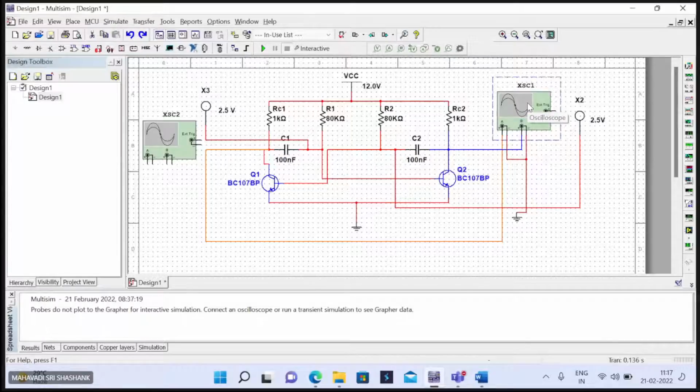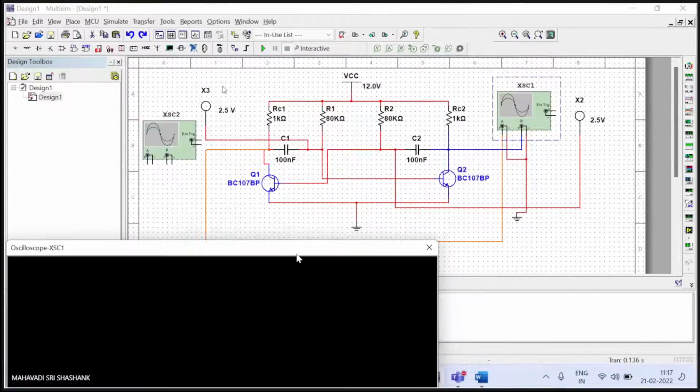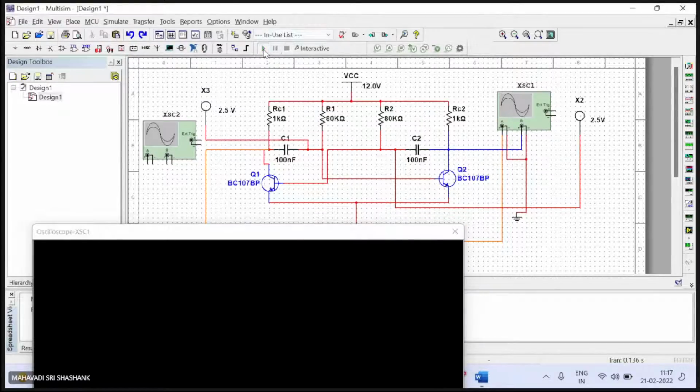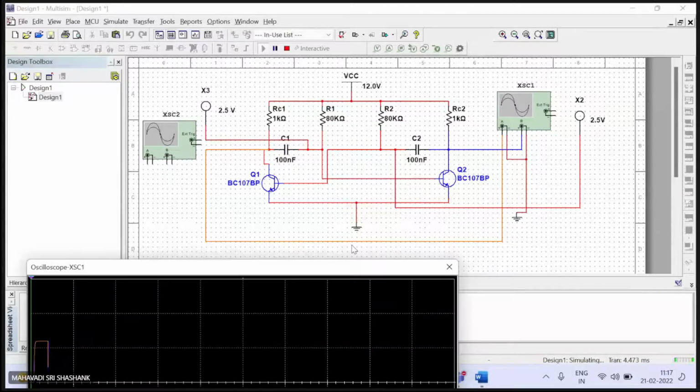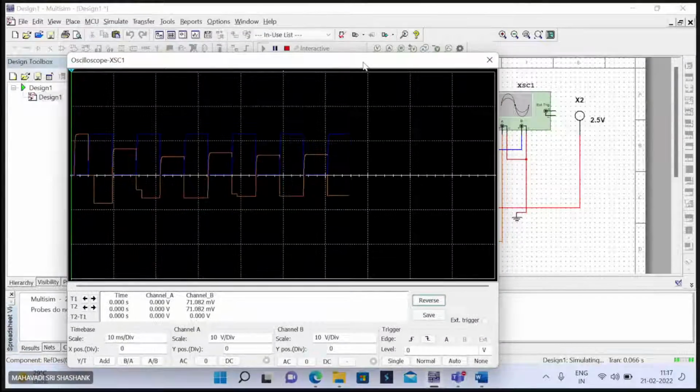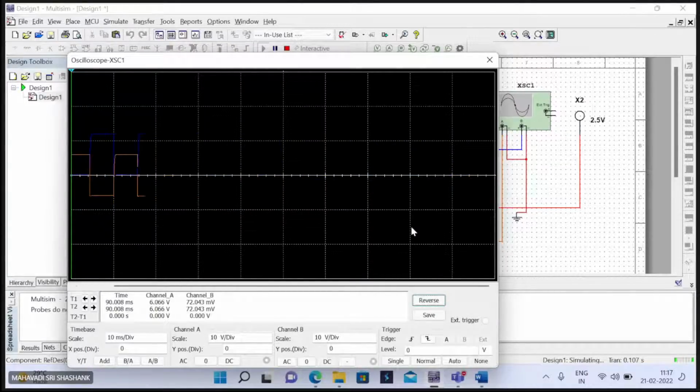Ma'am, I think now this is the correct output because I had attached a resistor over here previously. I just removed it right now. At this ground I had connected a resistor temporarily. So this one is the correct output.